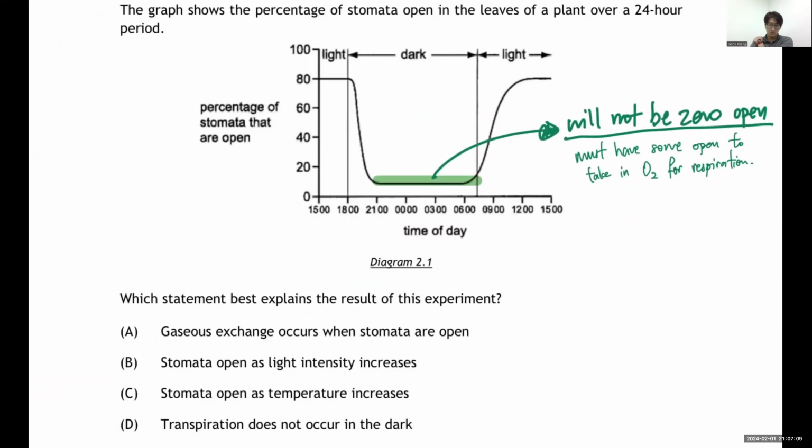So how? This is a true statement, but not seen in the graph.